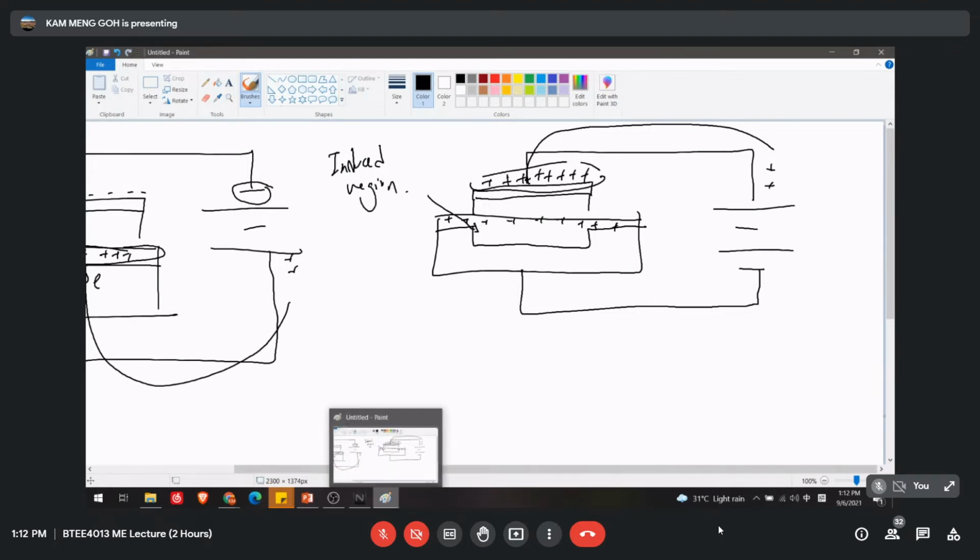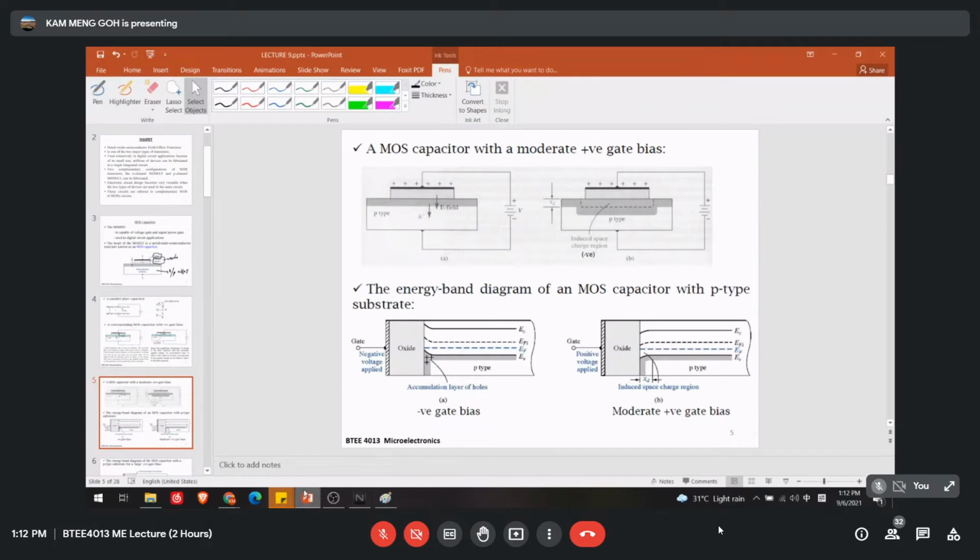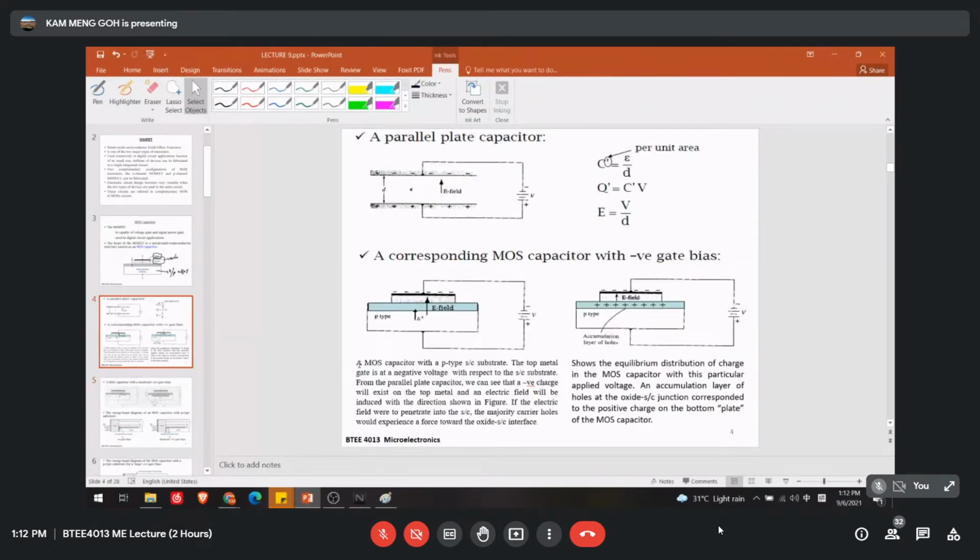Let's see what I said. Get back to the slide. See, a MOS capacitor with the P type substrate. The top metal is the negative voltage, then the bottom one is the positive voltage. So from the parallel capacitor, we can see the negative charge will be on the top. This makes sense.